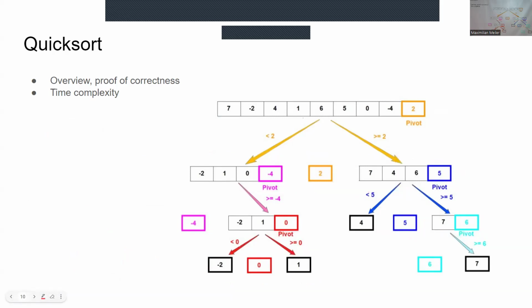Proof of correctness. I don't know exactly what you want to bring to class, but I think it's pretty straightforward. If you can have this half of the array sorted, and this half of the array sorted, then you can take everything that's less than a value sorted, everything that's greater than a value sorted, and then the value itself, bam, that's your complete sorted array.